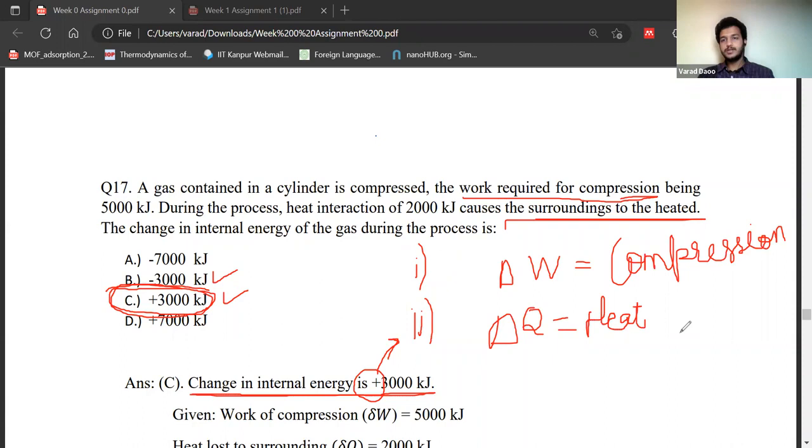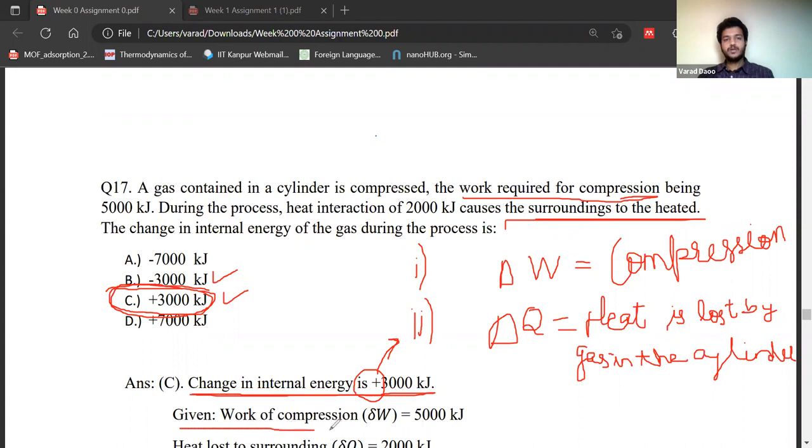Heat is lost by the gas in the cylinder. That means heat has been transferred from system to surrounding. This has to be kept in mind.